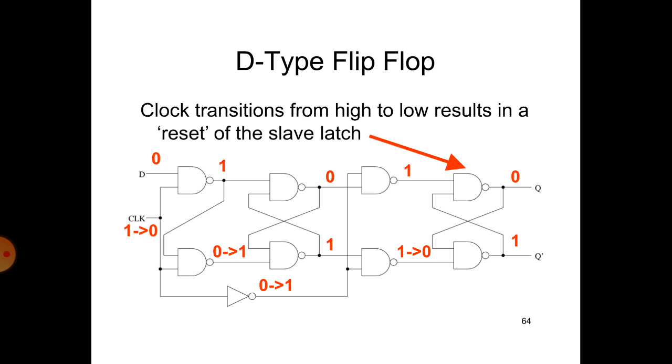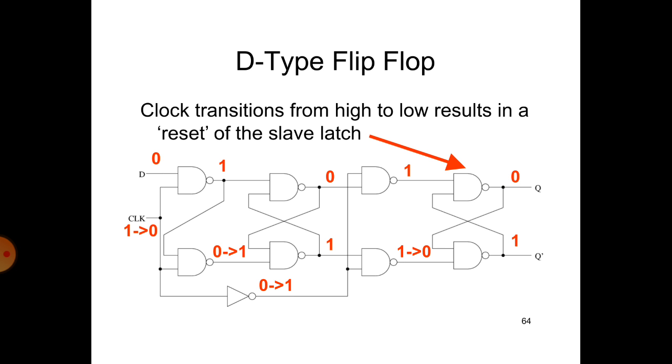So in that slide, clock transition from high to low results in a reset of the slave latch. So the master latch operation will be the same. There is a change in slave latch. So what is the change?